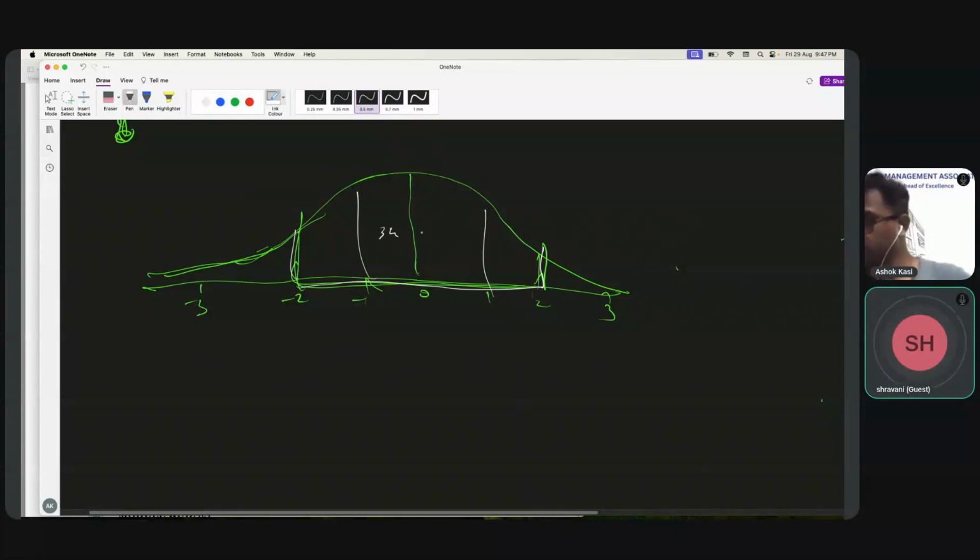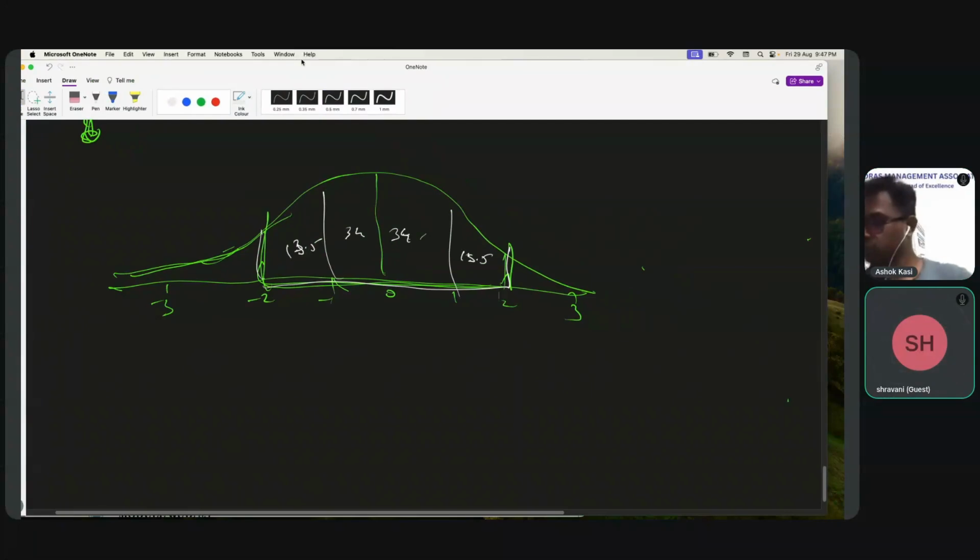This is 34, 34, and this is 13.5 and 13.5. I think it all comes to 95%. All will come to 95. So this is 95. Let's say this much is 90.